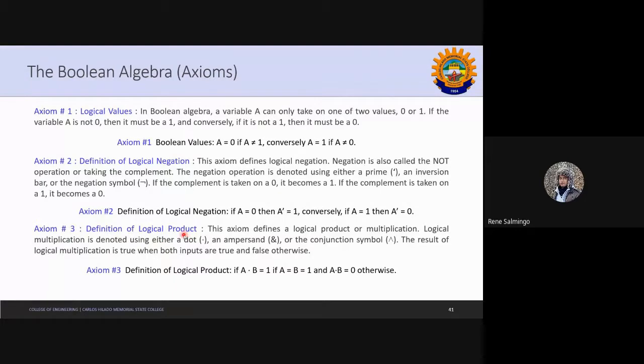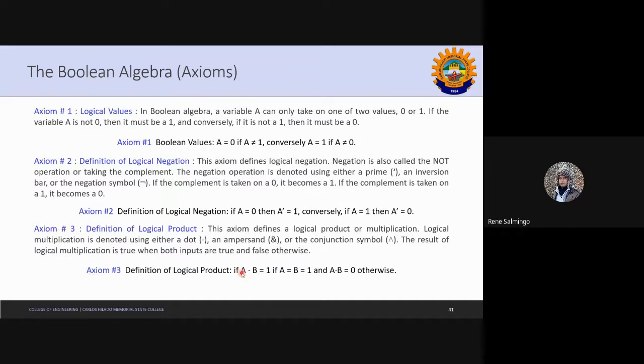For axiom 3, it's the definition of logical product. When you're using a logical product, the symbol that you're going to use is a dot. Sometimes you're going to use an ampersand or a conjunction symbol, but in this lecture, we're going to use the dot. Axiom number 3 is the definition of logical product.